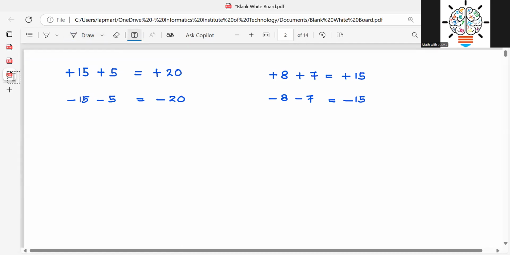So what is the theory we can learn here? When we have the same signs, positive, positive or negative, negative, what do we do?